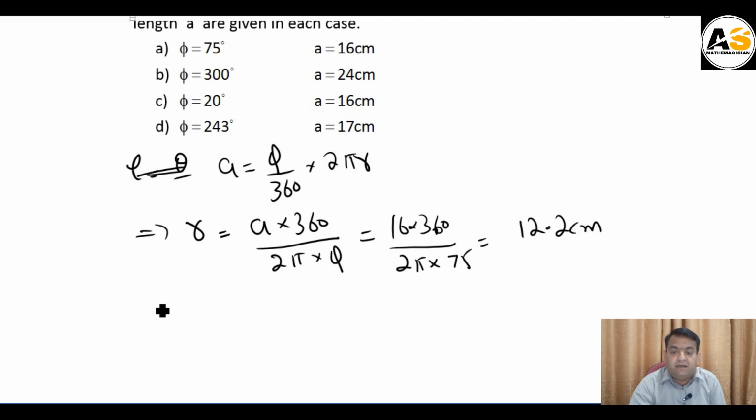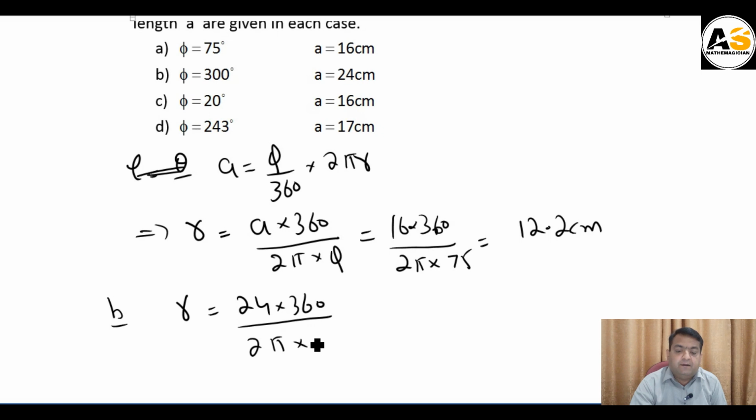In part 2, r is equal to A, 24, multiplied by 360 over 2 pi multiplied by phi. Phi is 300. Upon simplification, you will get your answer 3.82 centimeter.